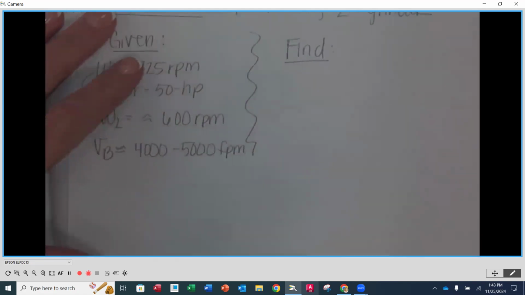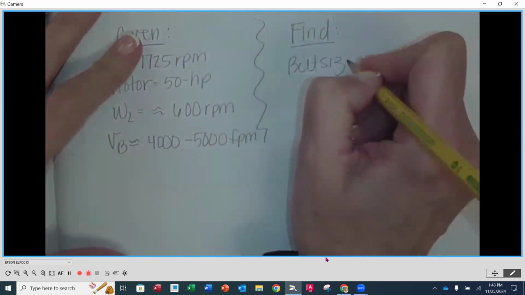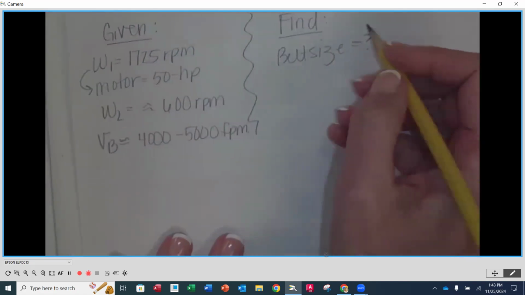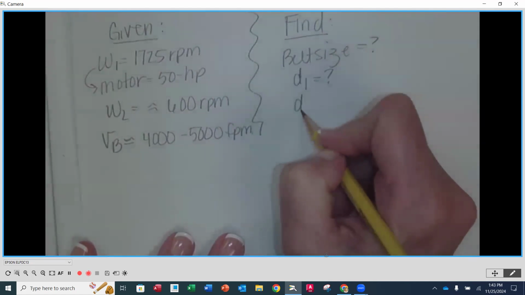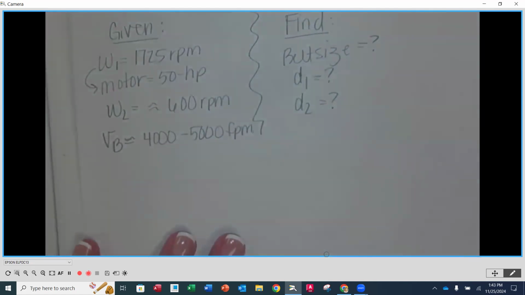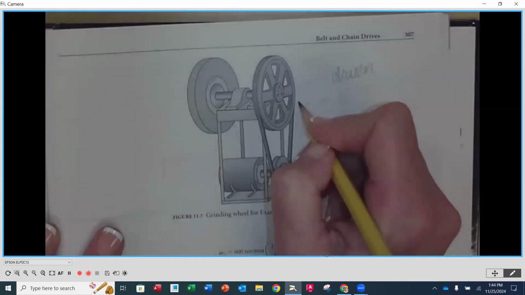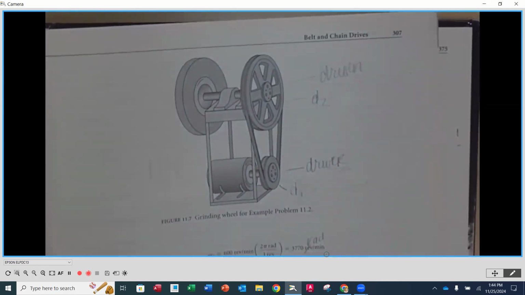So we need to determine belt size. We need to find the sheave diameter. So we need a D1 and a D2, one to come off the motor and one to go to the grinder. When we look at our illustration here, this one would be D1 and the larger one is going to be D2.